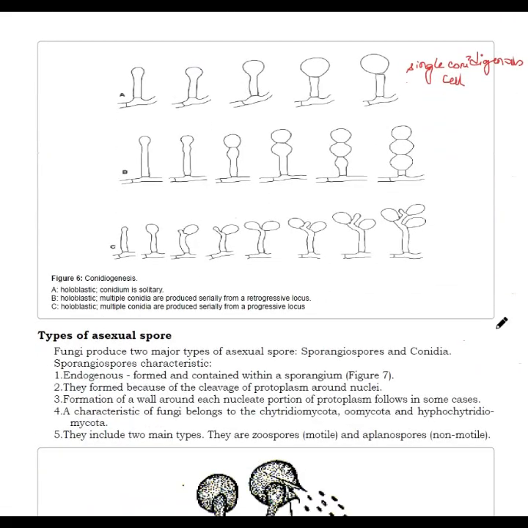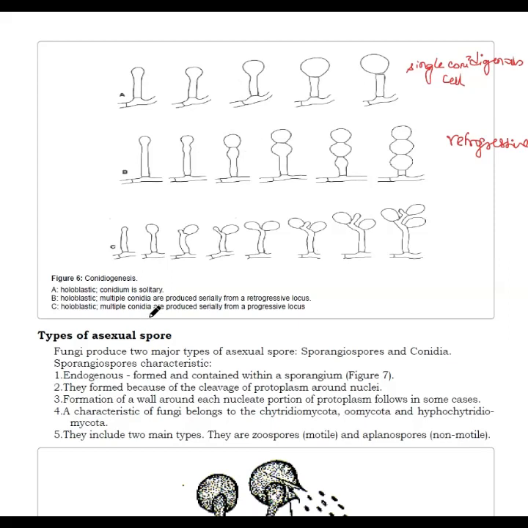Okay, so here in the sequence we can say whether it is a progressive or a retrogressive locus. In the B case you can see that it is retrogressive. Multiple conidia are formed from a retrogressive locus, and retrogressive means the new ones are forming below.